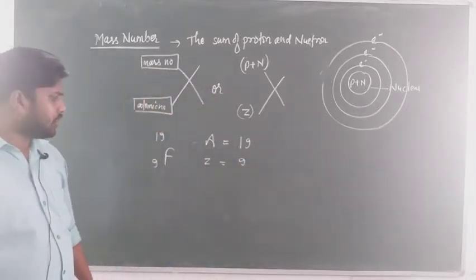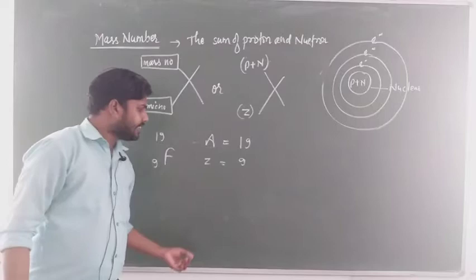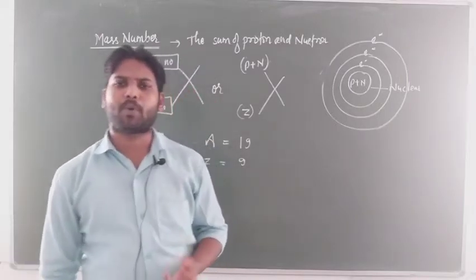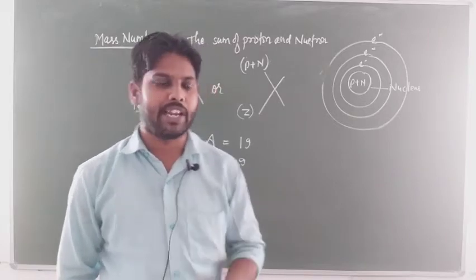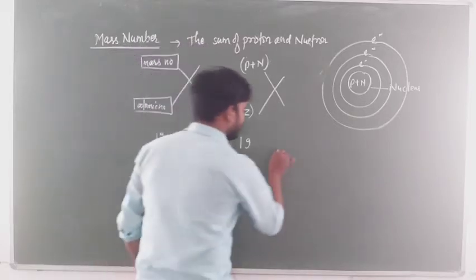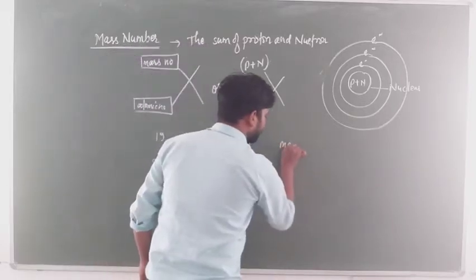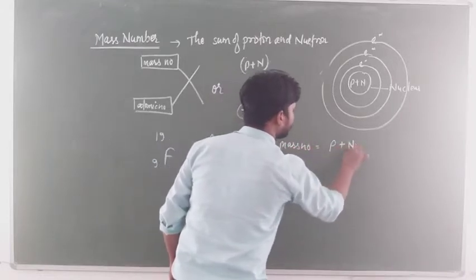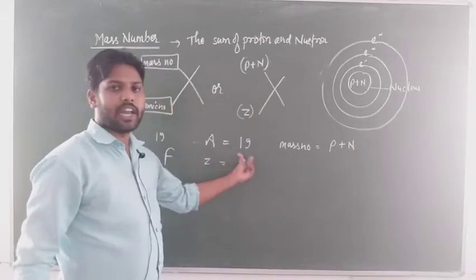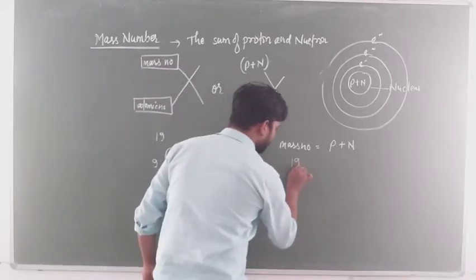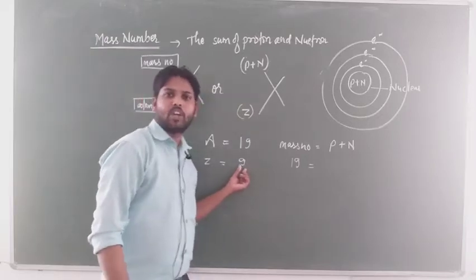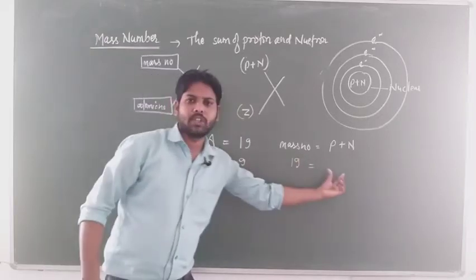Okay, students, I have told you that atomic number is always equal to the number of protons or the number of electrons. So mass number is equal to proton plus neutron. Here the mass number is given there, 19, is equal to proton plus neutron. The atomic number will be equal to proton, students.